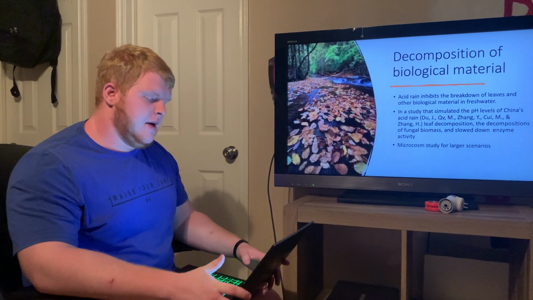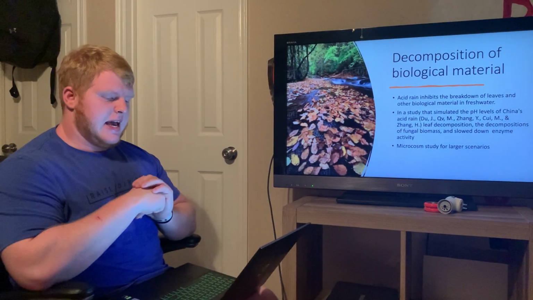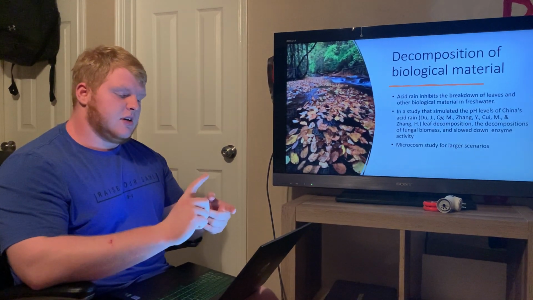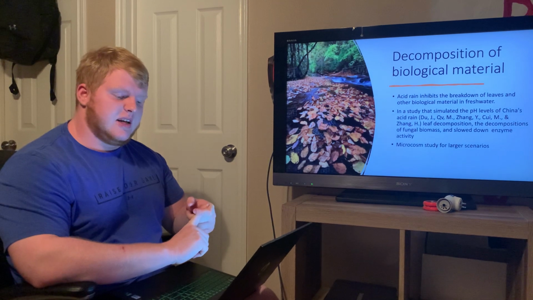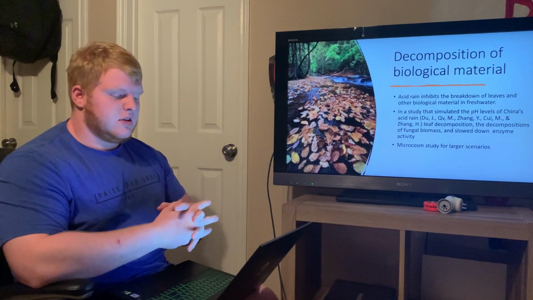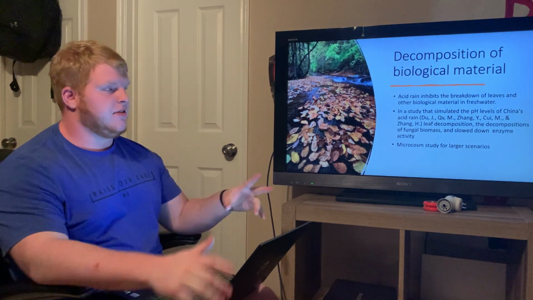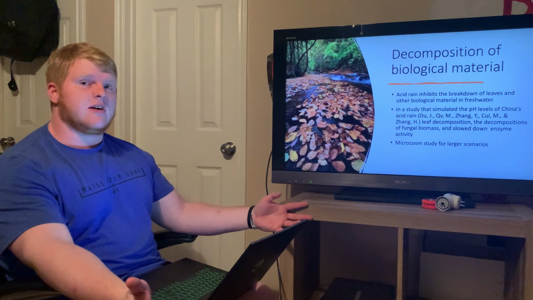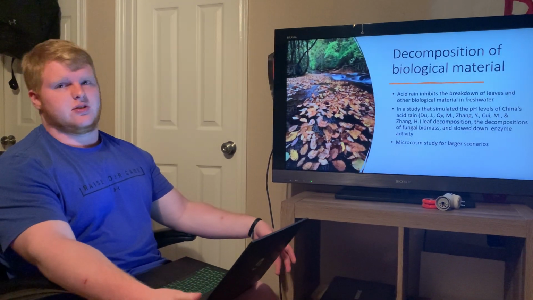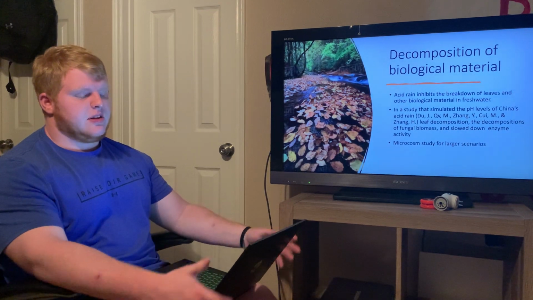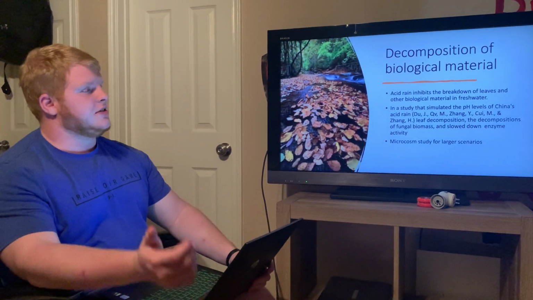But they discovered that leaf decomposition, the decomposition of fungal biomass, and even the enzyme activity all slowed down. And they called this a microcosm study, because imagine this on a larger scale. There's no ability for the ecosystem to replenish the nutrients and the resources it needs to function.